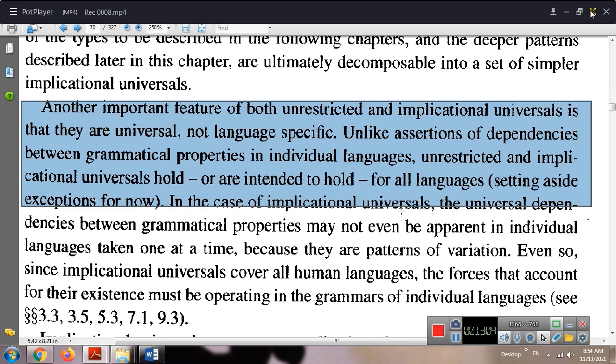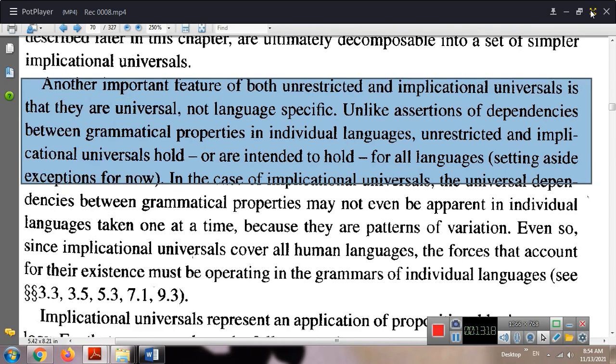In the case of implicational universals, the universal dependencies between grammatical properties may not even be apparent in individual languages taken one at a time, because there are patterns of variation.